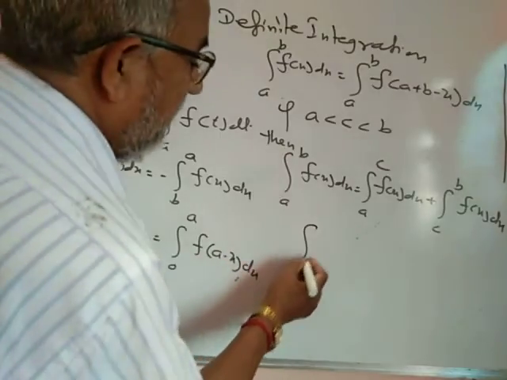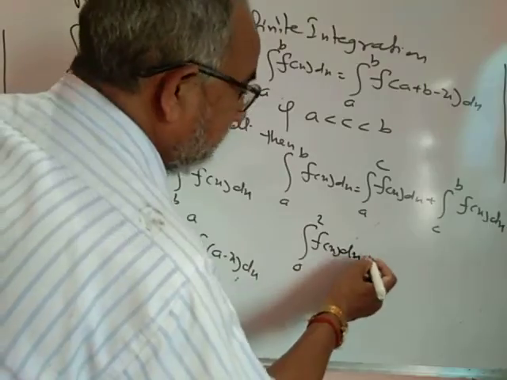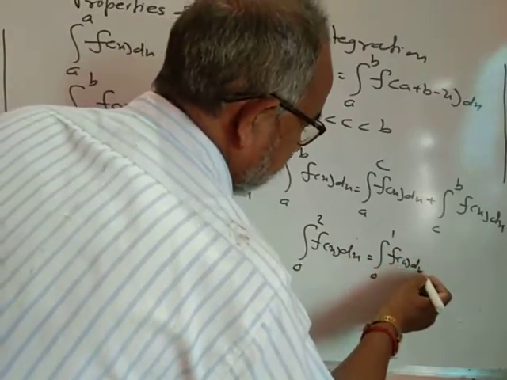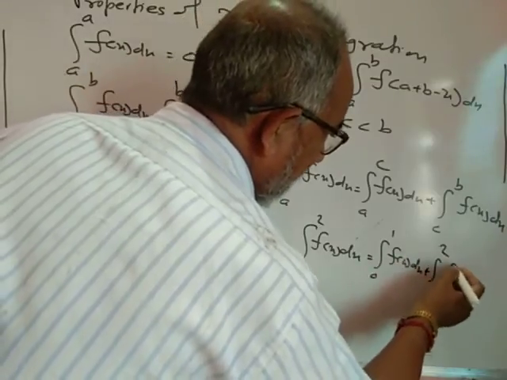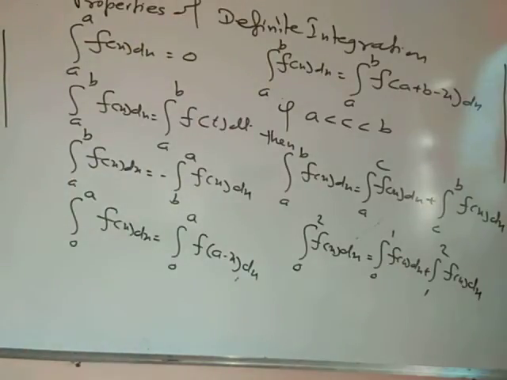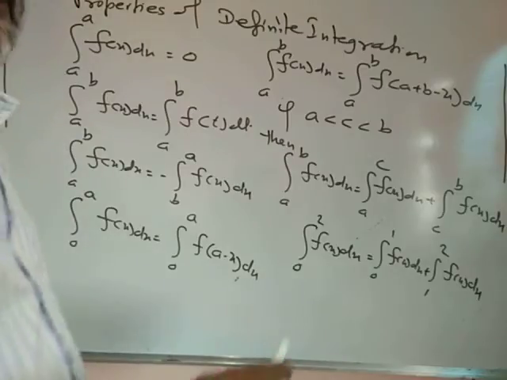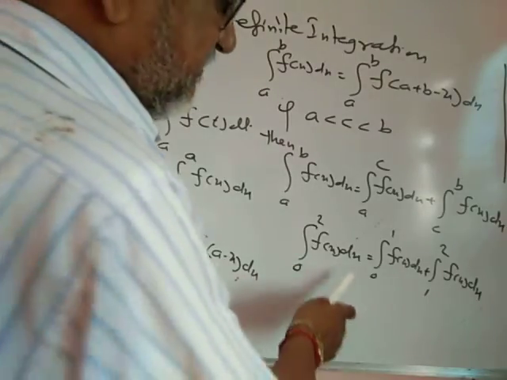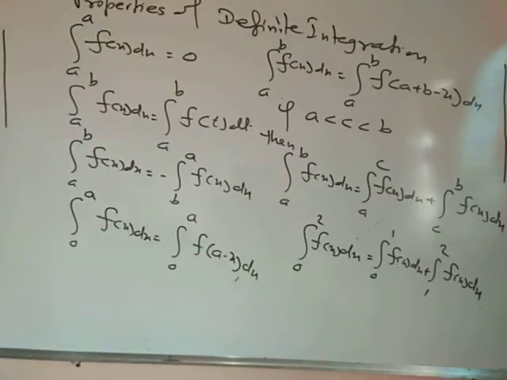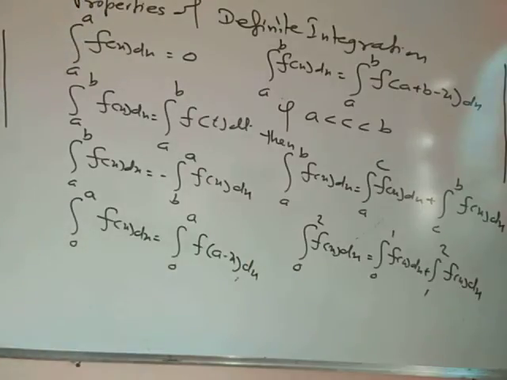Suppose you are given integral from 0 to 2 of f(x) dx. So this you can write integral from 0 to 1 of f(x) dx plus integral from 1 to 2 of f(x) dx. So this property is very useful in solving the problem based on modulus function and greatest integer function. While solving the modulus function and greatest integer function, we often use this property.